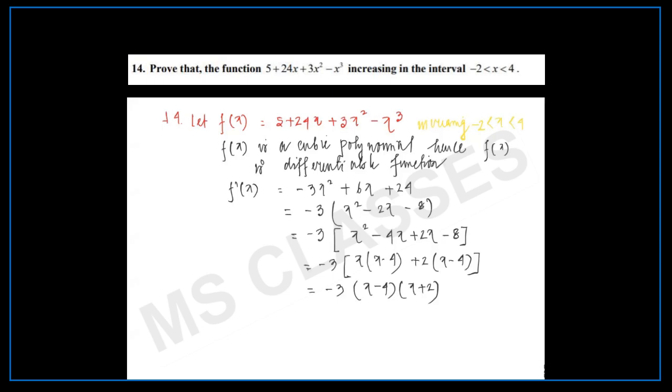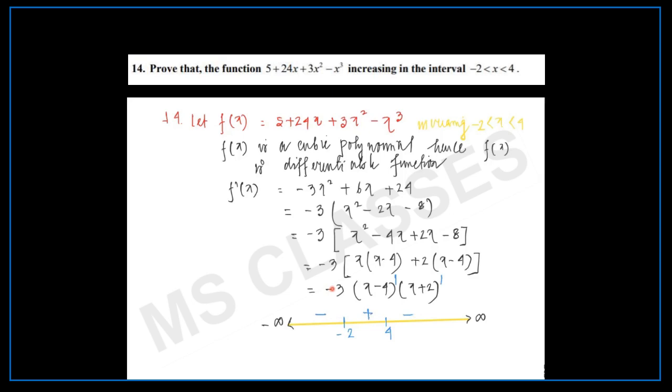Now, if we take a number line, from minus infinity to infinity, with minus 2 and 4, the sign changes. Generally, we start with the plus sign, but here with the minus sign because there is a minus sign in front.